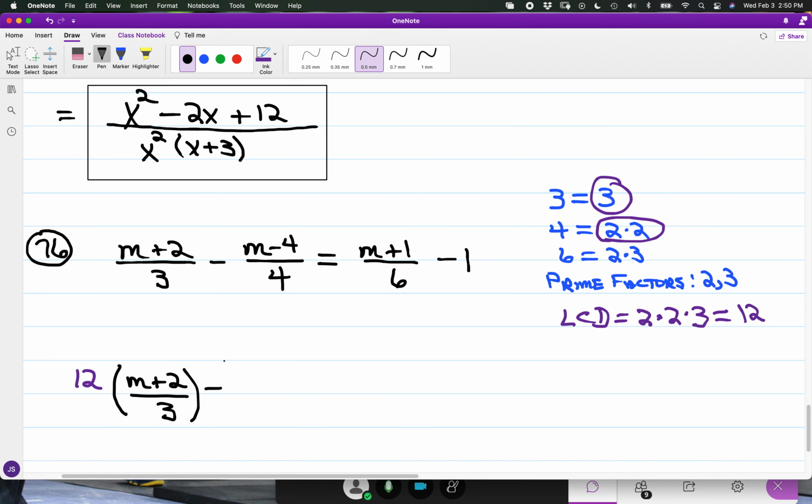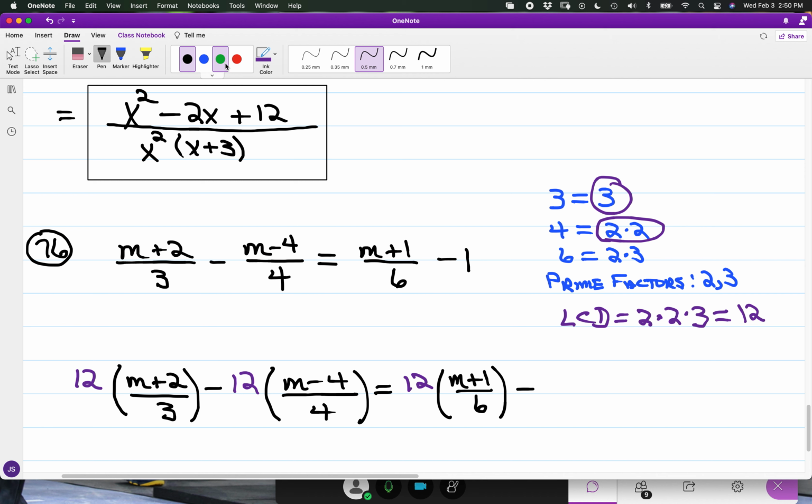And we can go ahead and bring down the subtraction, and we have minus 12 times the quantity (m minus 4) over 4. And we have equal to 12 times the quantity (m plus 1) over 6. We have minus 12 times 1.